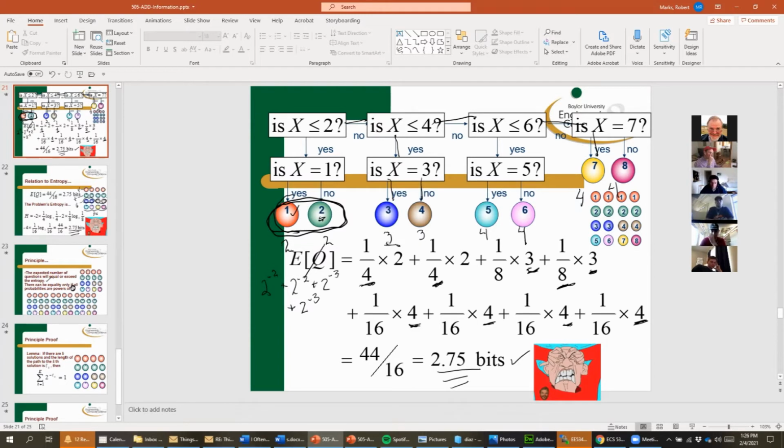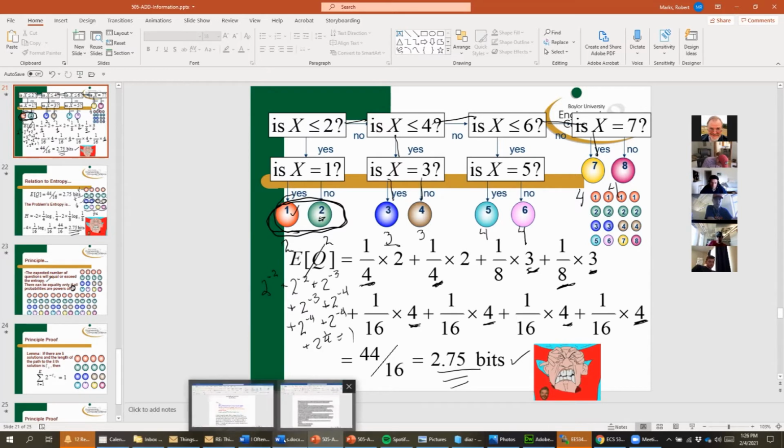See what I'm doing? I'm taking the path lengths, and that's 2 to the minus L. Plus 2 to the minus 4 plus 2 to the minus 4 plus 2 to the minus 4 plus 2 to the minus 4. That should add up to 1. I took each of the path lengths and raised 2 to the power of minus the number of questions that I would have to ask. And that is all equal to 1.